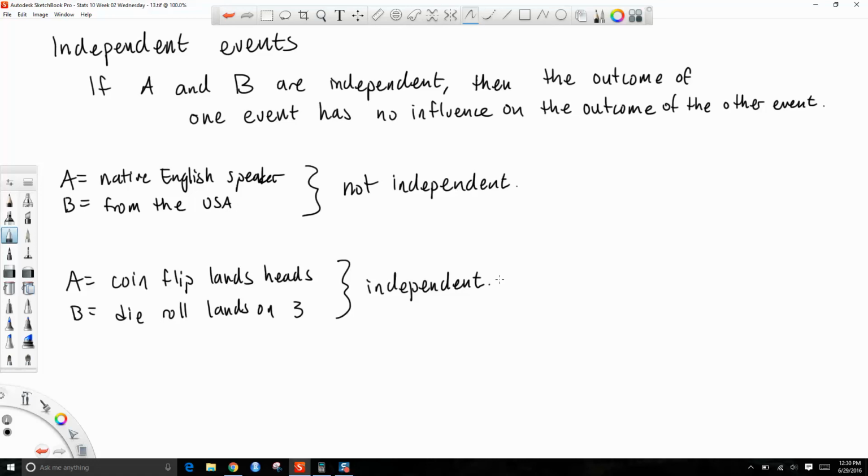Whether the die lands on the number 3 or not doesn't care if the coin flip lands heads. So these two things would be independent. All right. So symbolically, if A and B are independent, the probability of A given B should be equal to what?